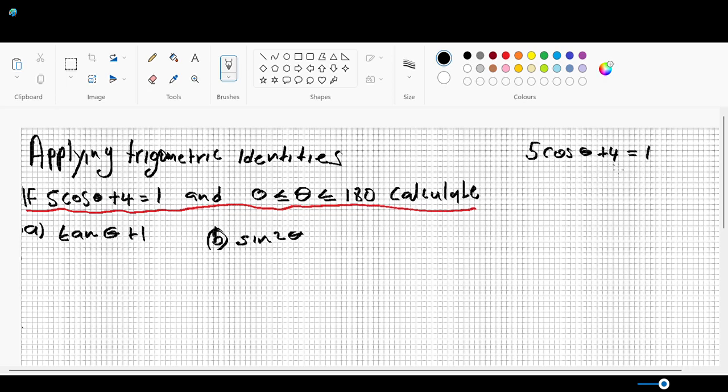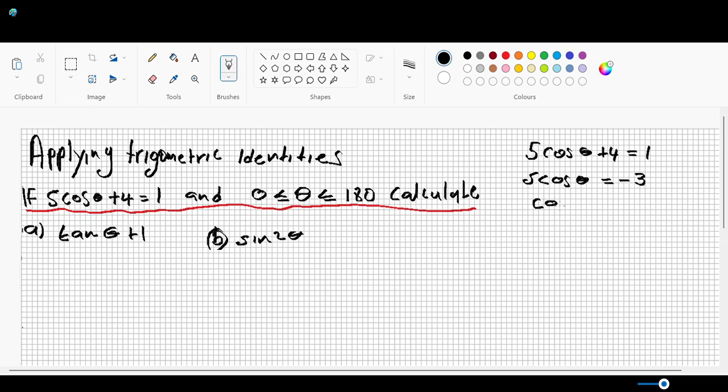First of all, you need to take 4 to the other side, transpose 4. Then you're going to have 5 cos theta equals negative 4 plus 1, and your answer is going to be negative 3. Then from there you divide by 5.